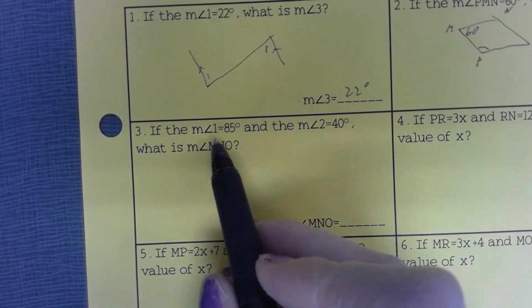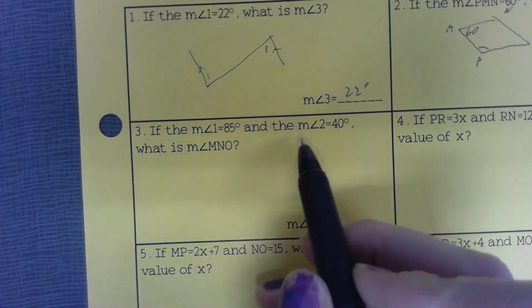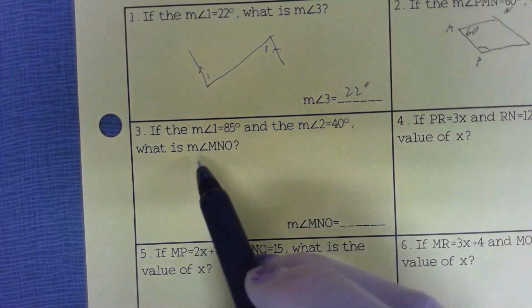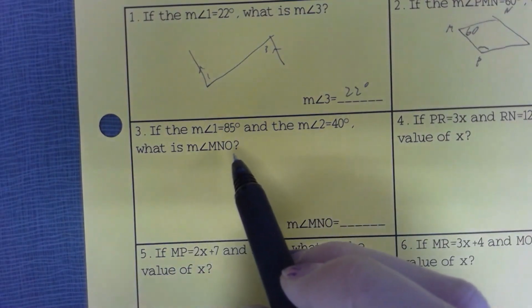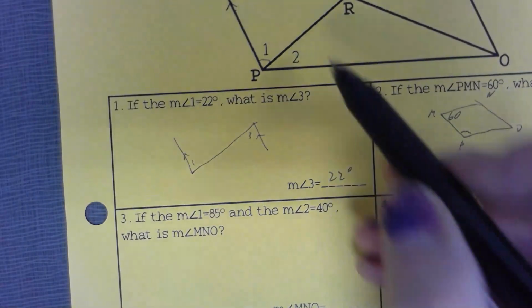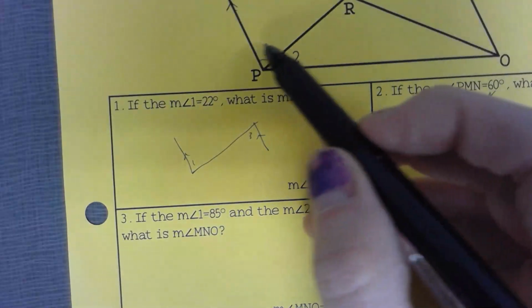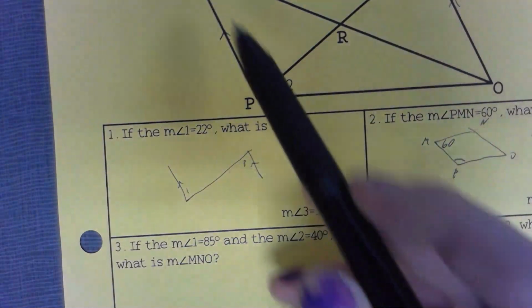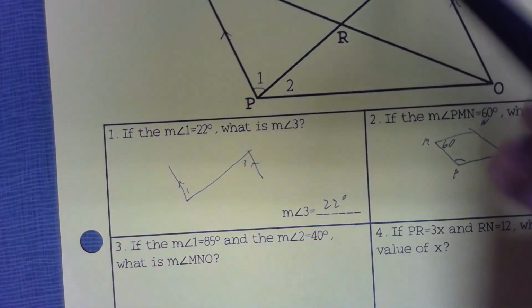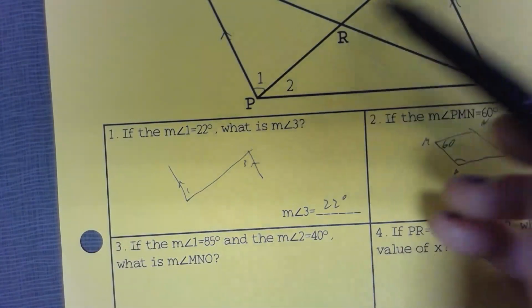The measure of angle 1 is 85 degrees. The measure of angle 2 is 40 degrees. What is the measure of angle MNO? So angle 1 and angle 2, those two together. MNO is the angle that's opposite. So if angle 1 is 85, then 3 is 85.